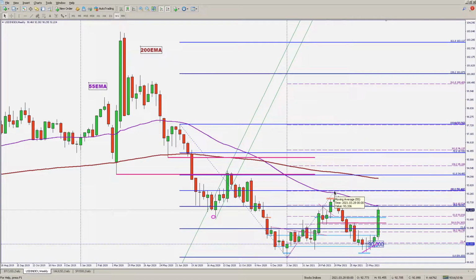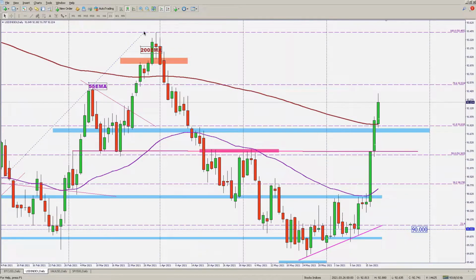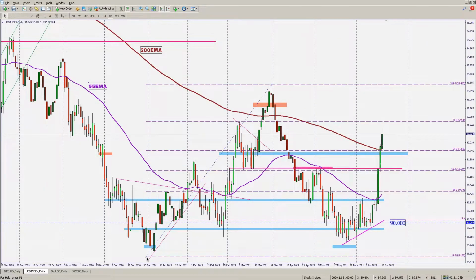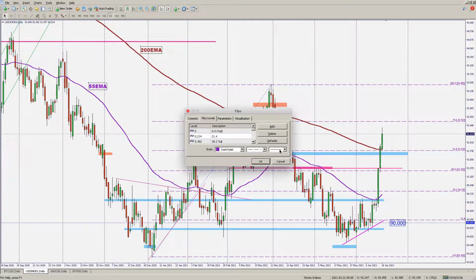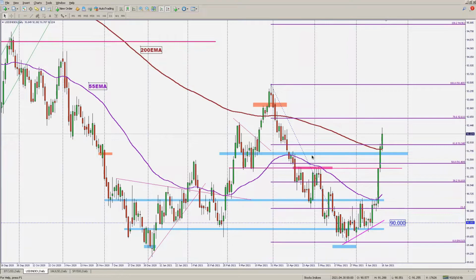Then let's take away the longer term and let's use the shorter term one. Okay, so we can either use this swing move up, or we can also use this retracement.